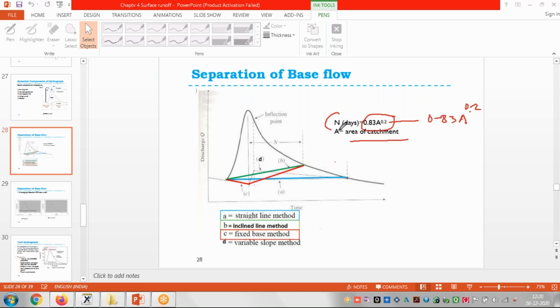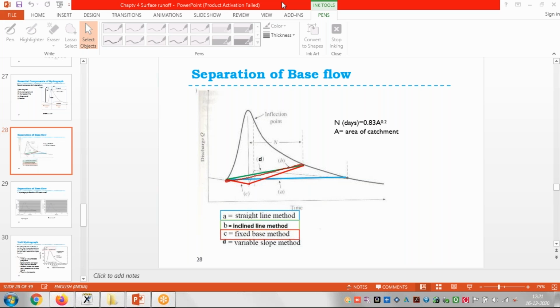Once we know n, it is estimated from the peak, and whatever the n value comes, suppose it is coming here, right? We know this hydrograph starts from this point. When we directly join this line to this point, we can separate the base flow. That is one of the methods to separate the base flow. You can see this green line is directly joined to this point, right?